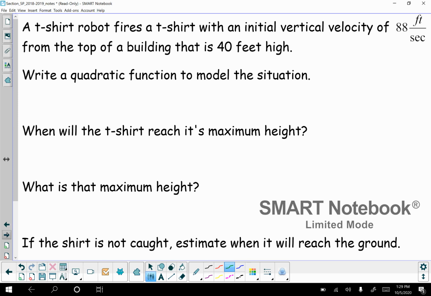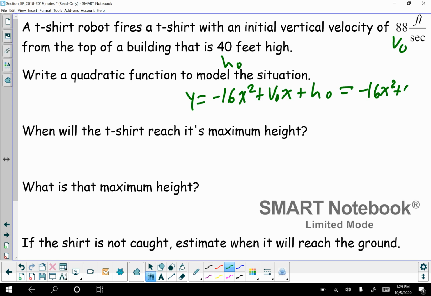A T-shirt robot fires a T-shirt with an initial velocity of 88 feet per second from the top of a building that is 40 feet high. So this is my V naught, this is my H naught. And so my equation is y equals negative 16x squared plus V naught x plus H naught. So it's going to give me negative 16x squared plus 88x plus 40.